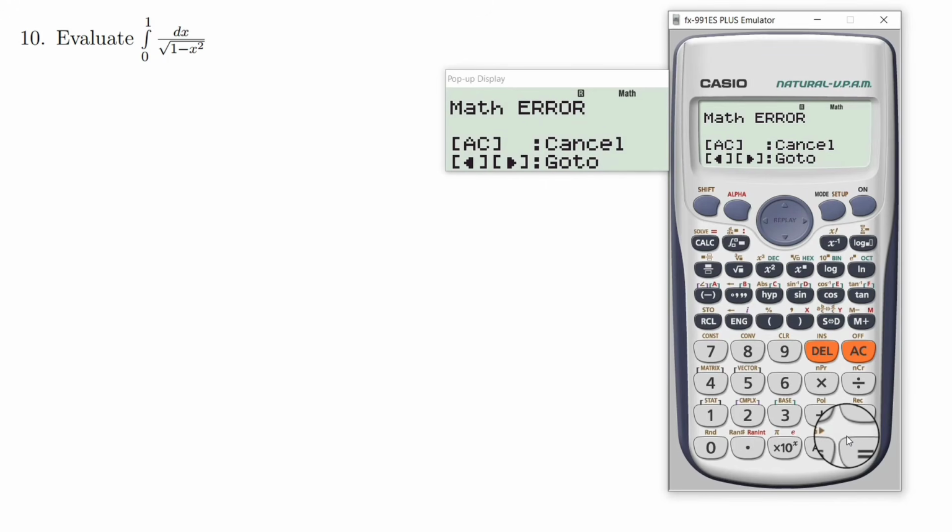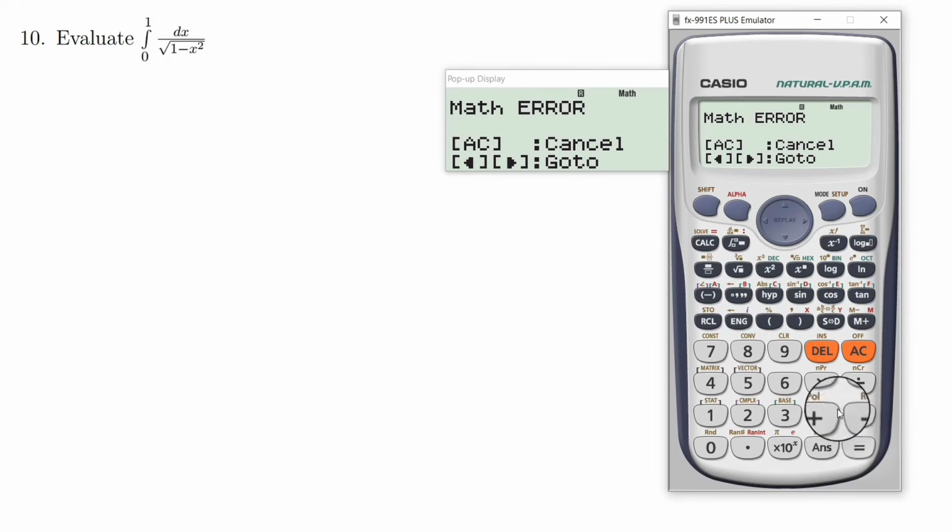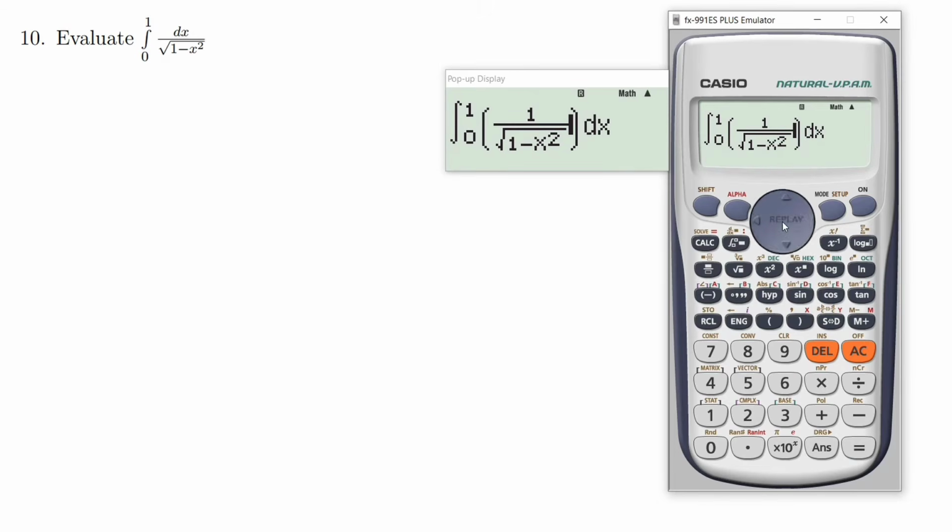So I'm having a math error. Let's go back. So what's wrong? I don't think there's anything wrong here, but now I think I know the reason why it is giving us a math error. We're having a math error because, like I said earlier, your calculator is actually using a particular type of numerical integration, in which it will have to substitute the upper limit and lower limit.